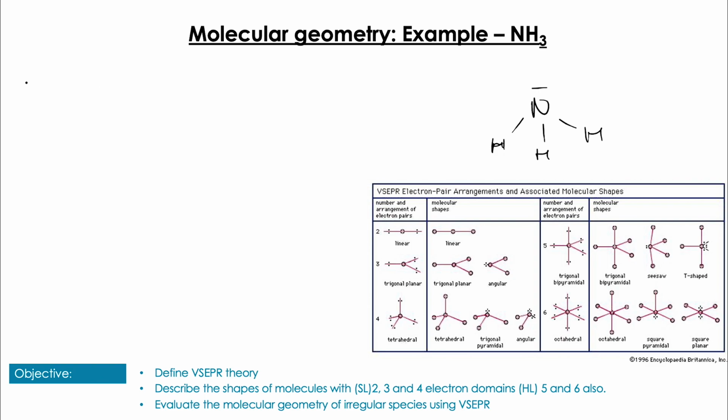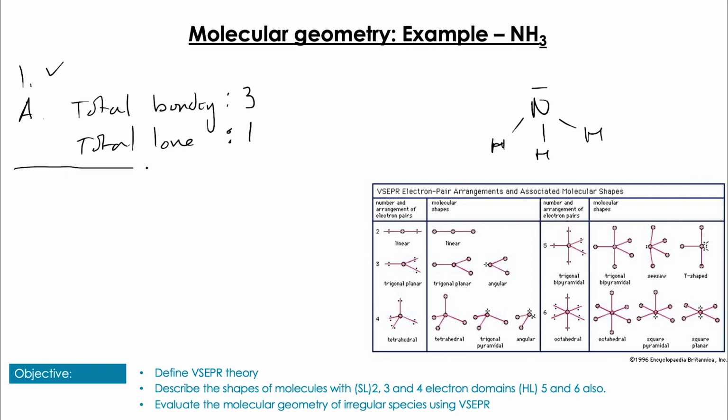So NH3, we have a Lewis structure as drawn on the right hand side, and we've got a total of 4 bonding electron domains and 1 lone pair of electron domains. That once again is a total of 4, giving us a base geometry of tetrahedral.